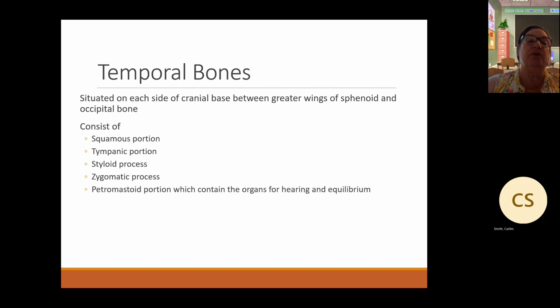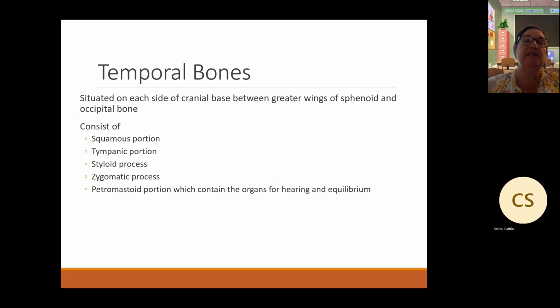So let's look at the temporal bones, and they sit on each side of the cranial base between the greater wings of the sphenoid and the occipital bone. Now, I broke the temporal bones into multiple sections.